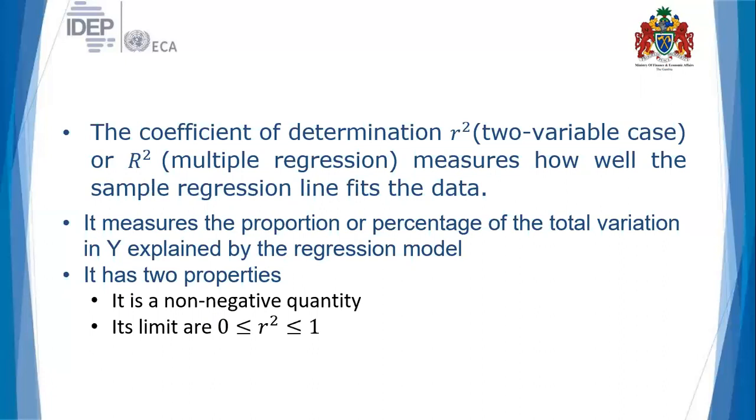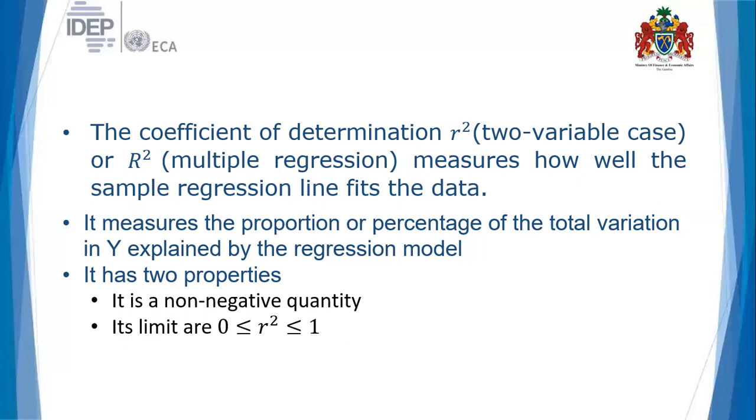This coefficient of determination measures how well the sample regression line fits the data. In other words, when we have fitted the sample regression line, we have applied the sample regression model to a set of data, the coefficient of determination helps us to determine how well that same sample regression line fits the data.